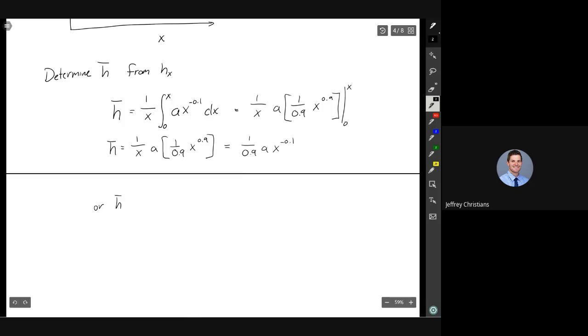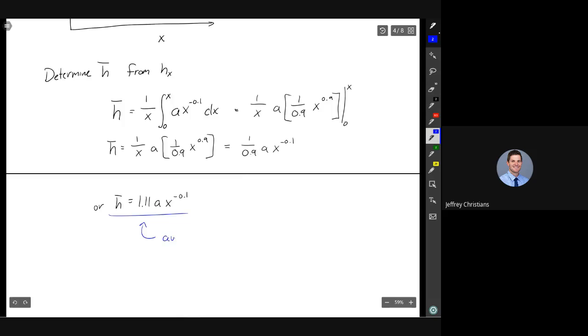Or h bar is 1.11 A x to the minus 0.1. So this looks a lot like our initial equation for h anywhere. So this is our equation for the average convection coefficient.